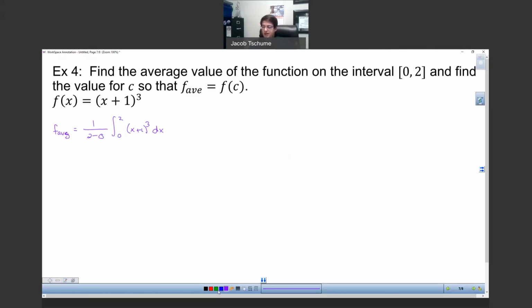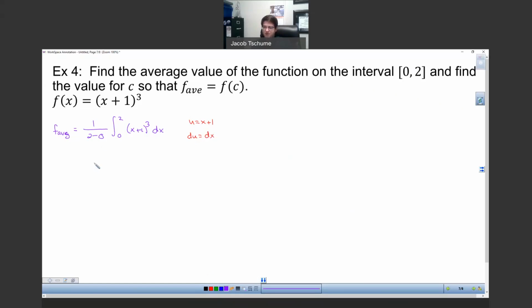And if you haven't noticed yet, a lot of these are going to end up being u substitution. It is not always true, but a lot of them do work this way. So I'm going to let u equal x plus 1. And the good thing about this is that we get a direct du equals dx. That doesn't happen very often, but we'll take advantage of that.